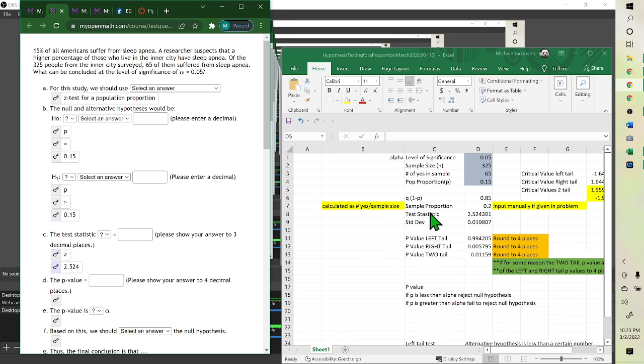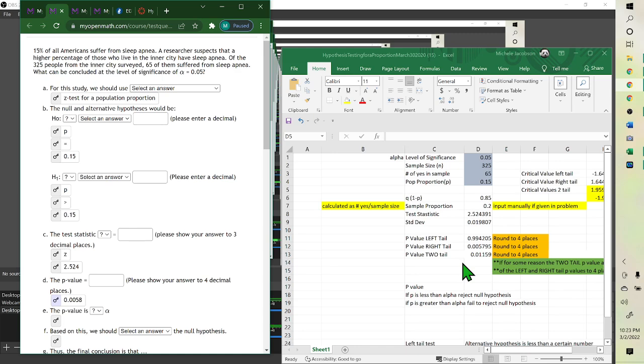The test statistic is 2.5243. The p-value, since we were testing greater than, is a right tail, 0.005.